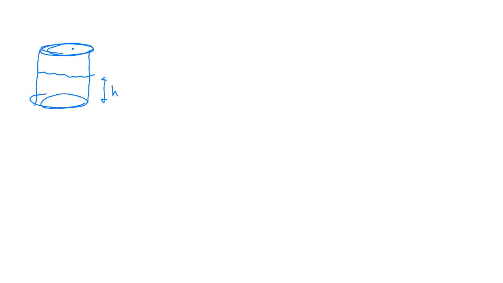Every cylindrical container also has a radius. And so, I don't know, let's say that's 10 centimeters. Okay, so cylindrical container, we know what a cylinder is. The diameter across the top is 20 centimeters, the radius is 10 centimeters, and if there's liquid in it, it has a certain depth, and we'll call the depth H, okay?